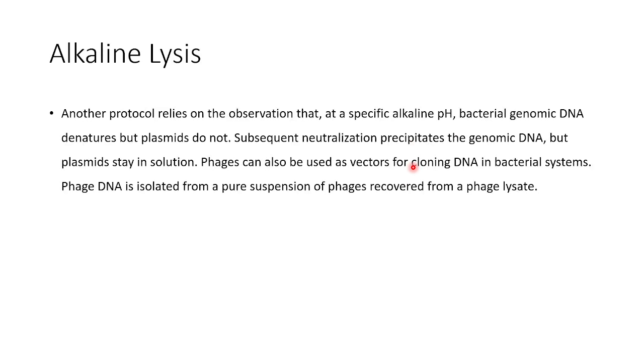So firstly we did isolation, then we did ultracentrifugation. The next thing that we need to do is alkaline lysis. It is another protocol that depends on the observation that at a specific alkaline pH the bacterial genomic DNA gets denatured, but your plasmids do not get denatured.